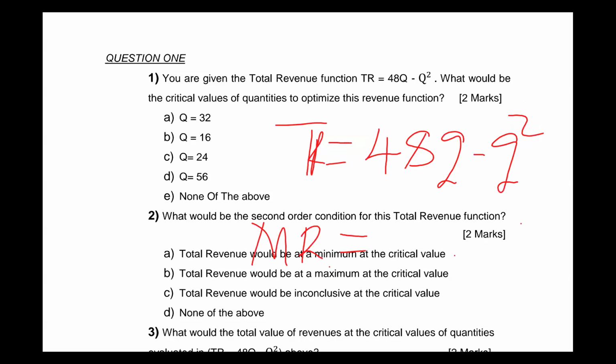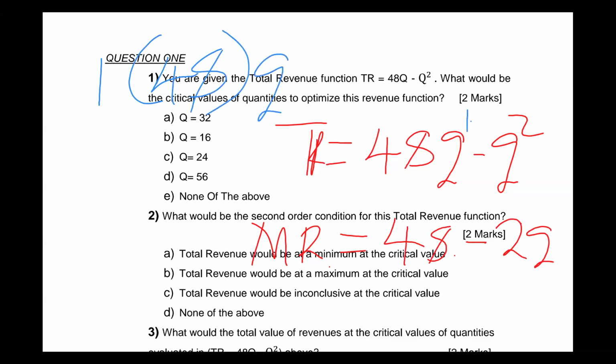So this one is going to be 48, which is going to be 48Q minus 2Q. Right. This is the power rule that you need to apply here. You remember the power rule thing. Drop the power, it will be 1 times 48.